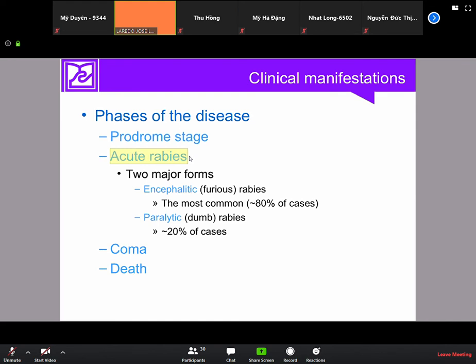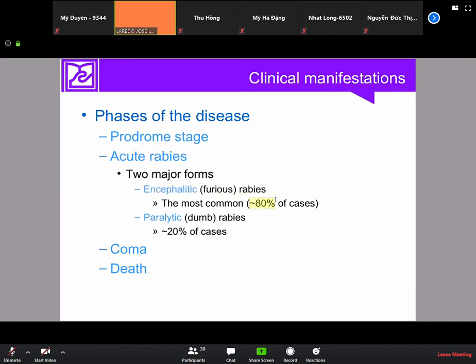Acute rabies may be found in two different forms. Encephalitic rabies, this is the furious rabies, and paralytic rabies. This is not common, only 20%. So here we are going to show you only the findings of encephalitic furious rabies, 80% of cases.